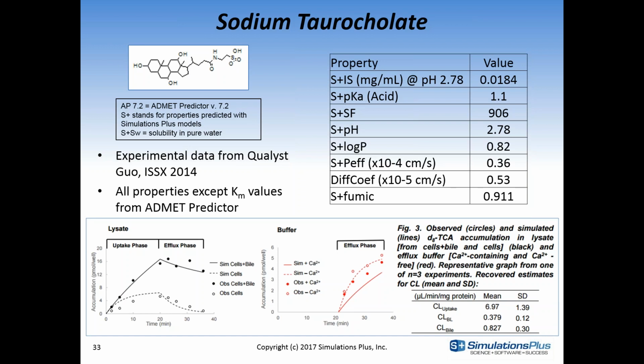On the right, in the buffer, you can see drug accumulating on the basolateral side. Adding calcium versus not adding calcium modulates the tight junction opening and closing, so you get more drug on the basolateral side if you lack calcium, and if calcium is present, you get less drug on the basolateral side because there's less tight junction opening.